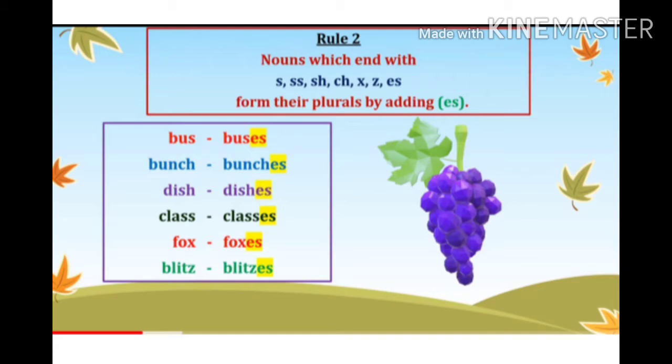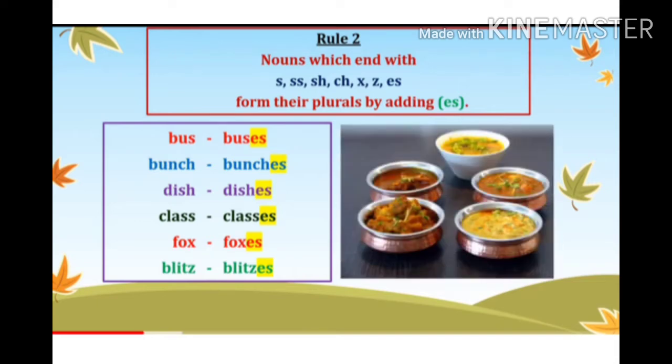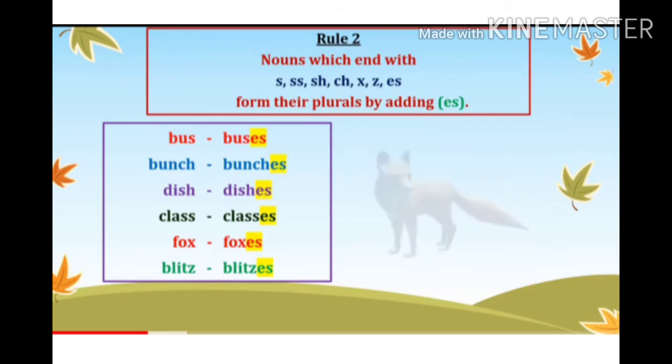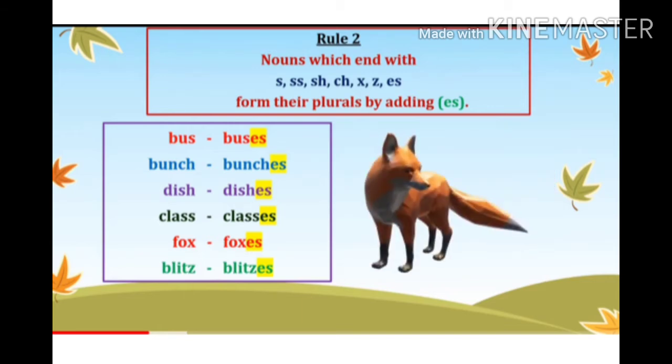One dish is known as a dish and again it is ending with sh. So we will add es and it will become dishes. One class is a class and many are classes. One fox is called a fox and this noun is ending with x.